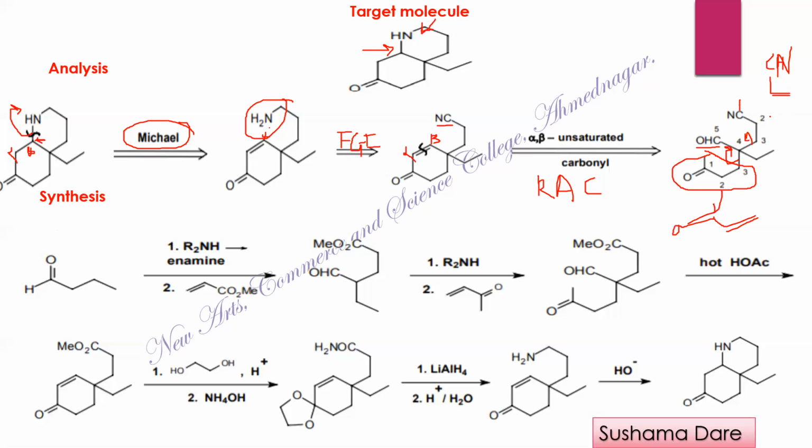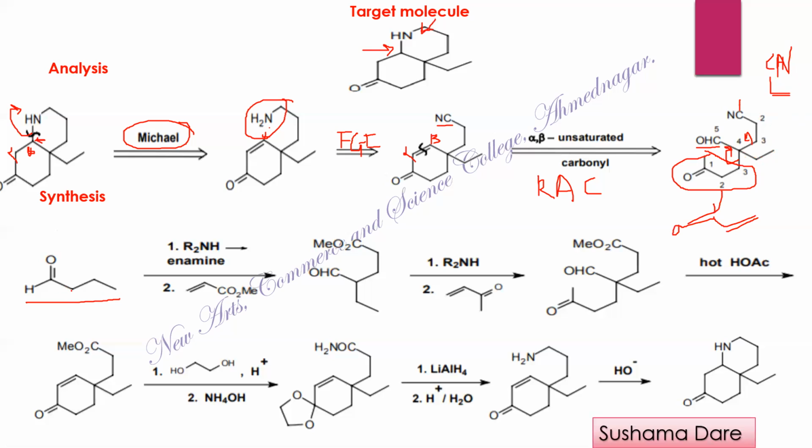So twice we have to go with the 1,5 difunctionalized group. At the end, what you are getting is CH3, CH2, CH2, CHO, that means 4 carbons, that is butanal. So look at the synthesis: butanal.